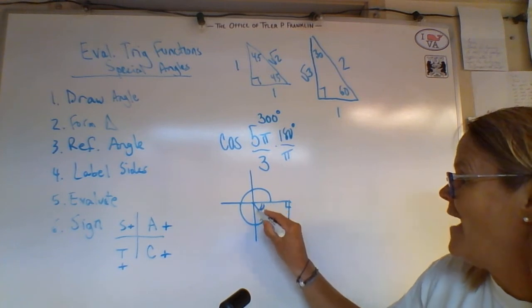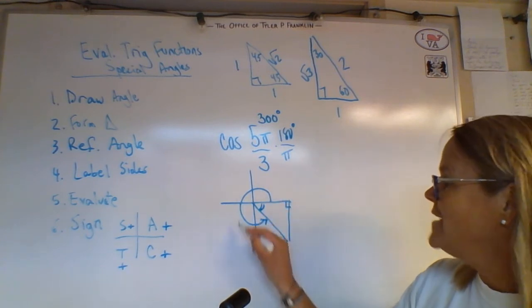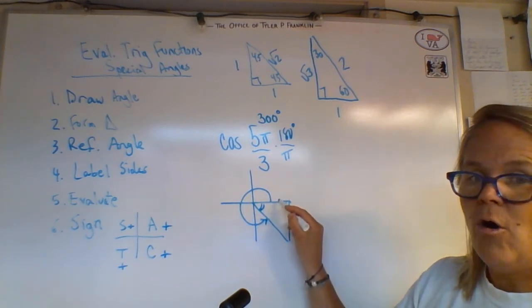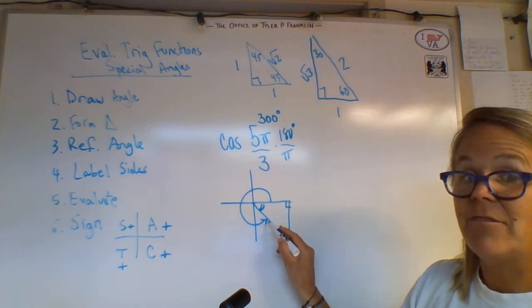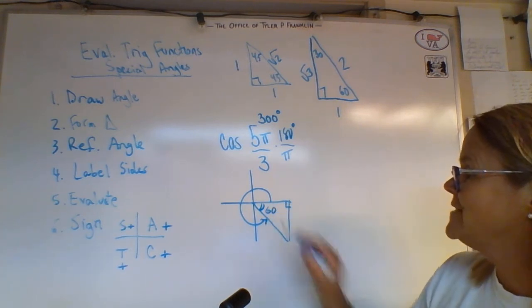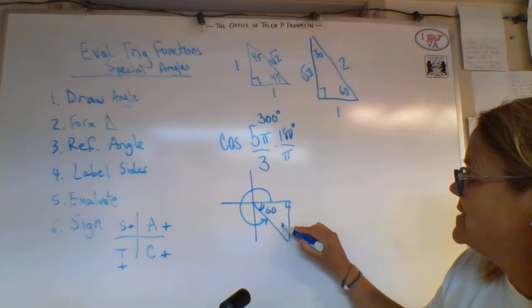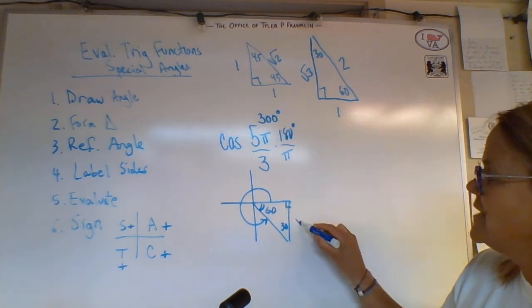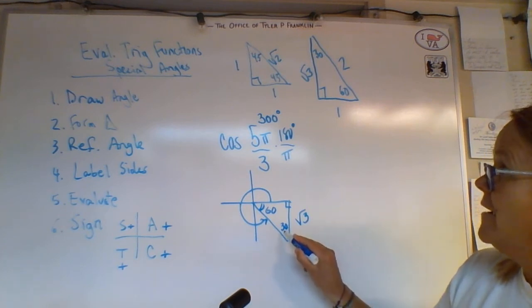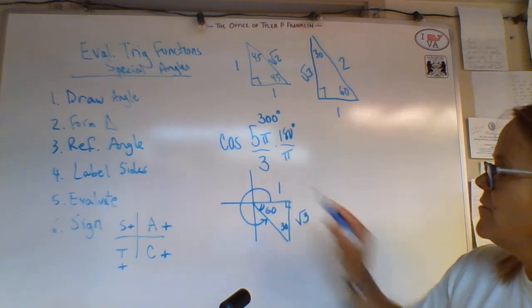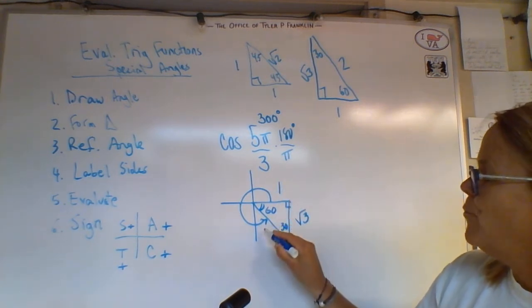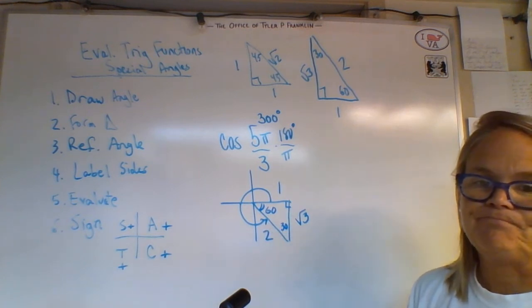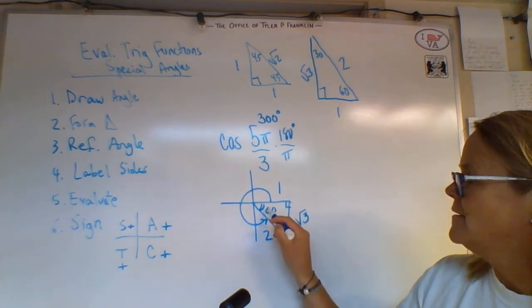If that's 360 to go all the way around and I stop at 300, that's 60, which means that's 30. Across from a 60, square root of 3, across from a 30, 1, hypotenuse 2. Do the cosine.